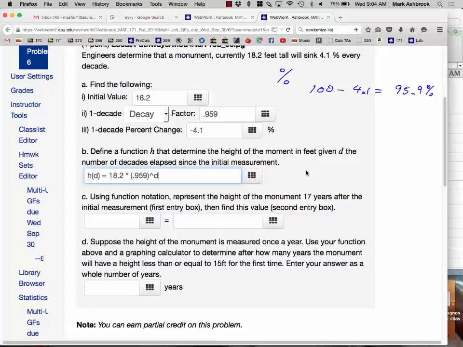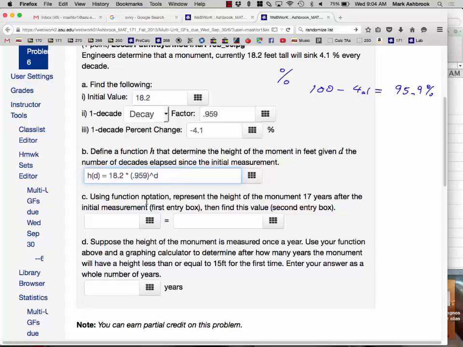Okay, represent the height of the monument at 17 years. So in this definition, what is function notation? Which represents the output? Okay, so it's going to be h of d.